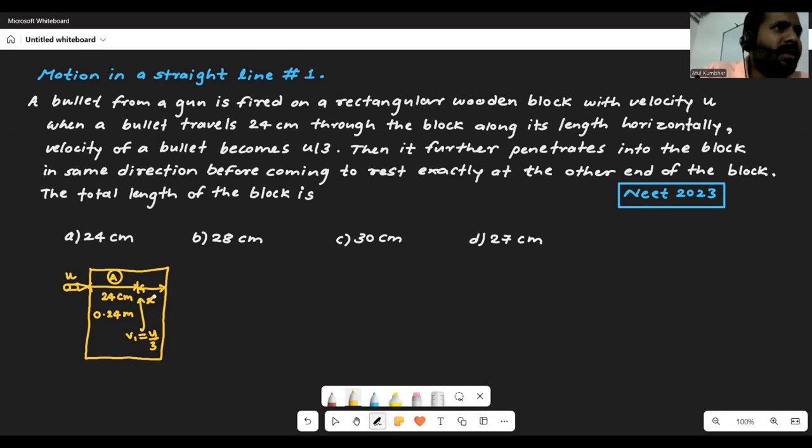Then it further penetrates x distance in the same direction before coming to rest. At the exact other end, its velocity becomes zero, so the final velocity v2 is 0 meter per second. They are asking us to find the length of that wooden plank.